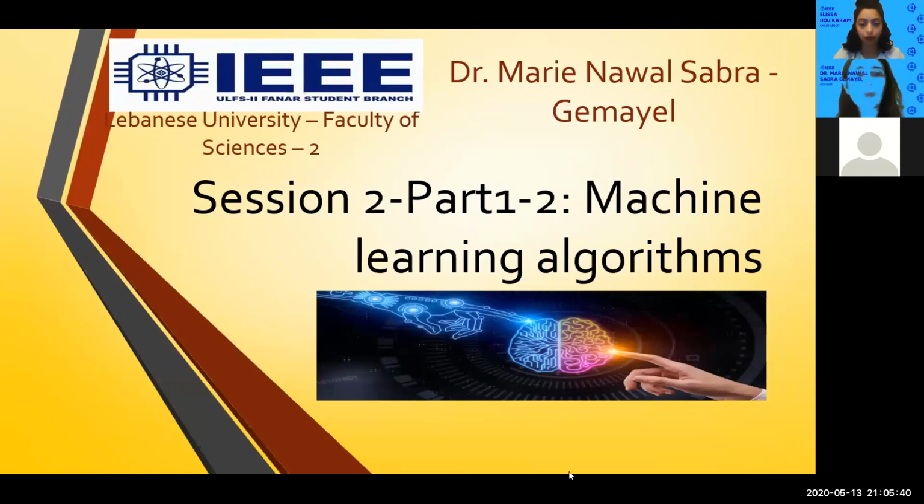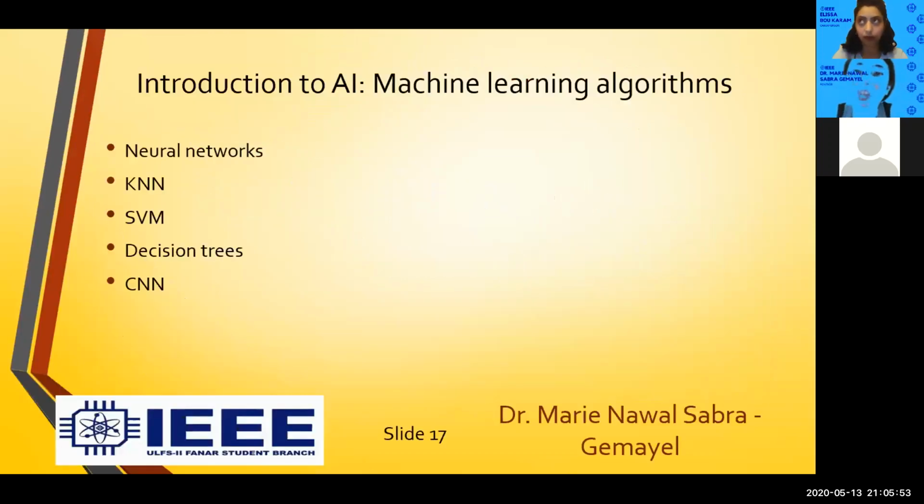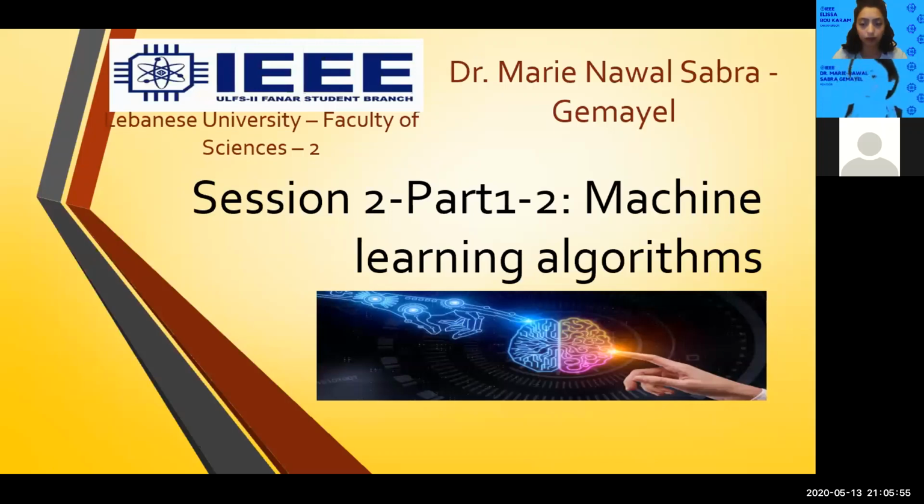Hello, everybody. Welcome back. This is the second session in the Artificial Intelligence workshop. In this session, we are going to discuss some basic machine learning algorithms. As we said last time, machine learning is the brain of artificial intelligence.